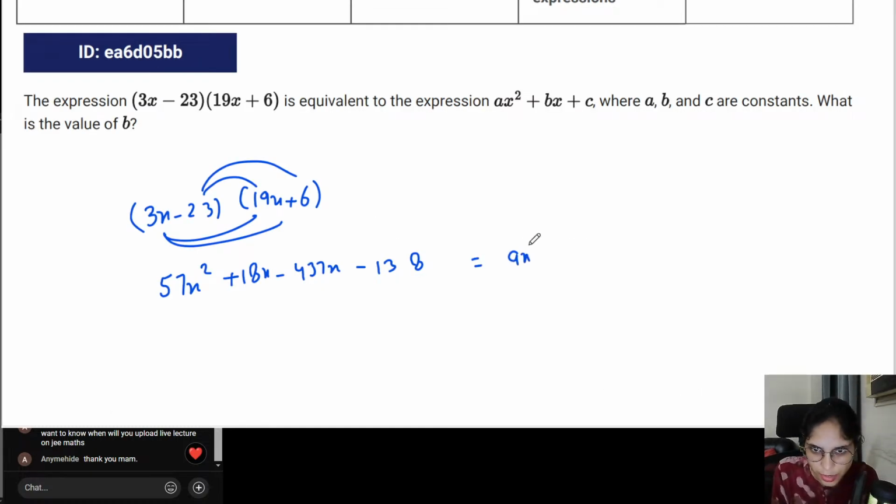And this is ax square plus bx plus c. So you want the value of b, so 18 minus 437 is your b, because you will combine your x terms.